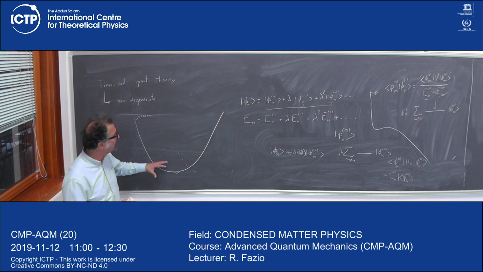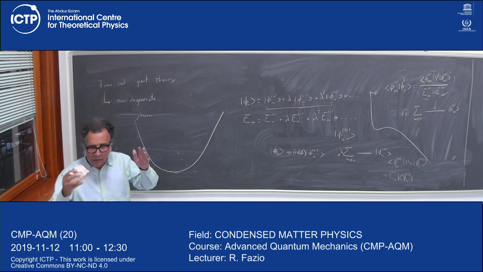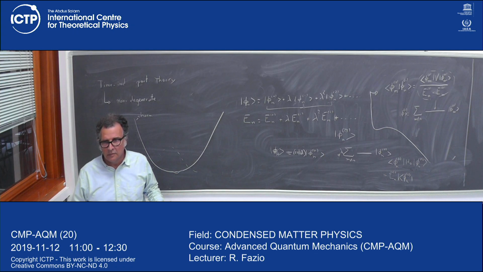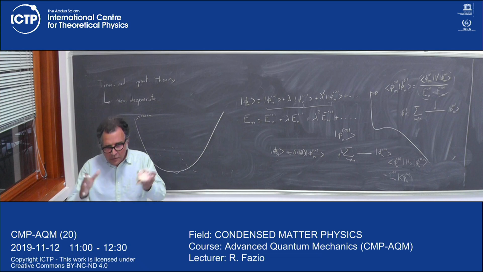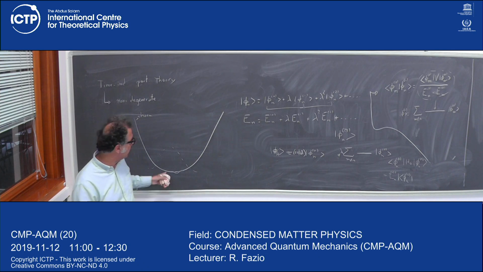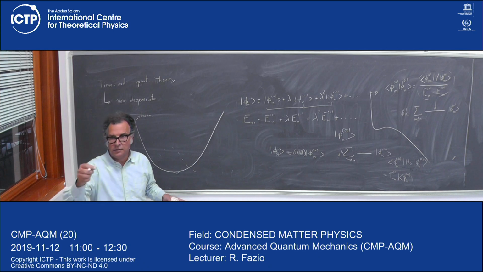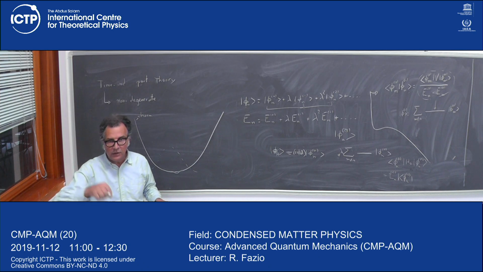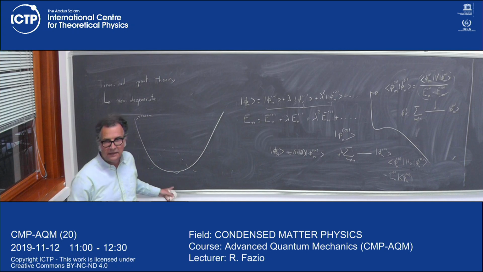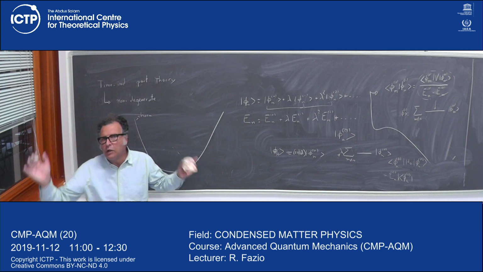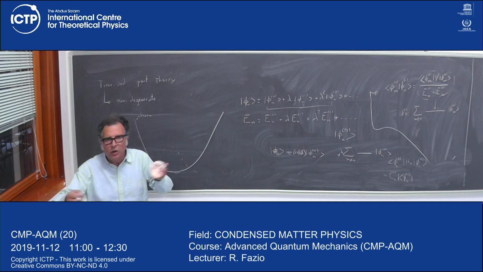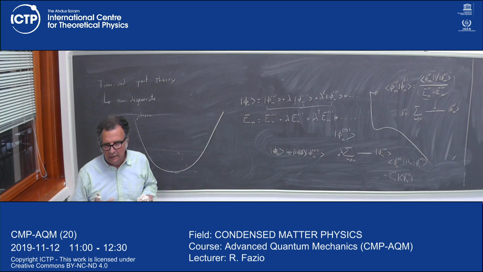Now, the unperturbed states form a basis. So, in terms of this old basis, the unperturbed basis, the new potential will induce transitions. I will have matrix elements which connect the ground state to all the other states. In principle, to all the other states. Then the effect may be small, large, it does not matter.